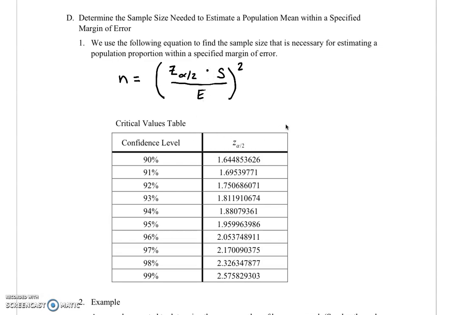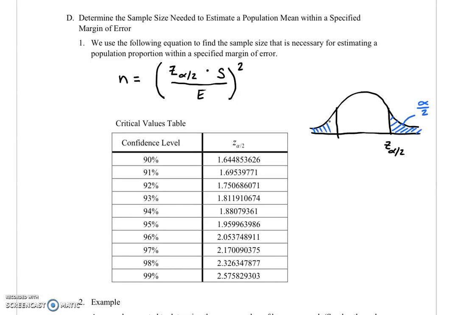Okay, again, these critical values, just like I explained before, for each confidence level, we really only care about the rightmost critical value. So it gives us the area of alpha over 2 to its right.